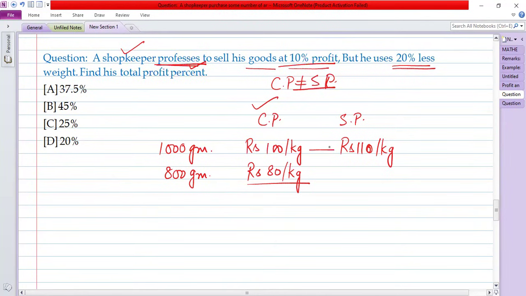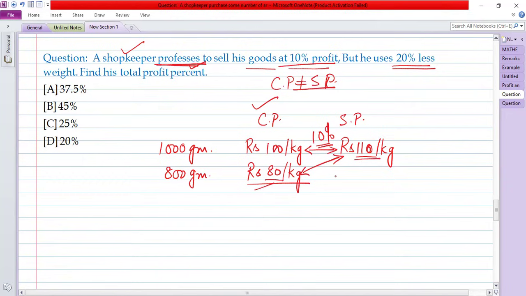So the difference, this 10, the difference of 10, is not the actual profit. This difference of 10% is not the actual profit of the shopkeeper. Actually, the difference of 80 and 110 is the actual profit of the shopkeeper.